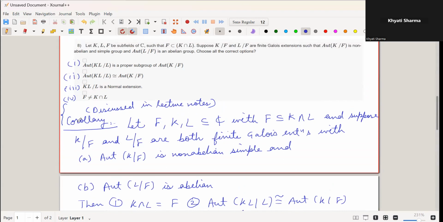And KL over L is isomorphic to the automorphism group of K over F. This is true by this condition, and KL over L is a normal extension.